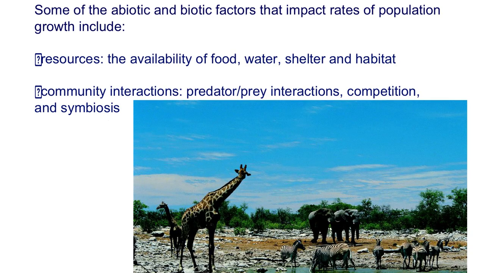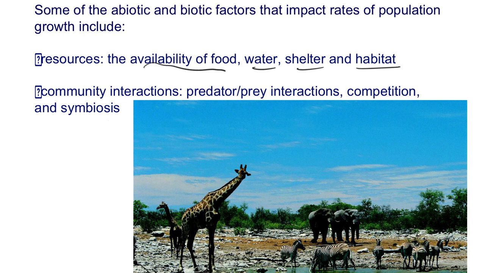Again, this is repetitive, but the abiotic features, the availability of food, water, shelter, and place to live, raise a family.